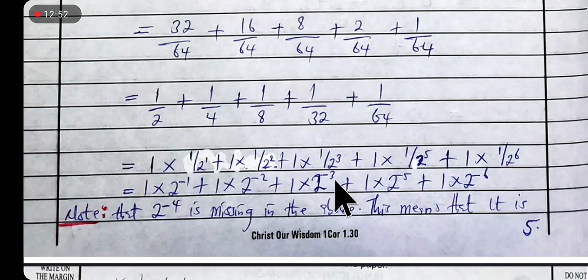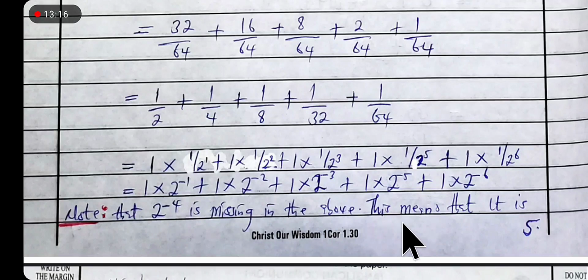The same thing happens here. 2 raised to power 3 is now 2 raised to power minus 3. Plus 1 times 2 raised to power minus 5, plus 1 times 1 over 2 raised to power 6, which is the same thing as 1 times 2 raised to power minus 6. Okay, so note that 2 raised to power 4 is missing in the above.